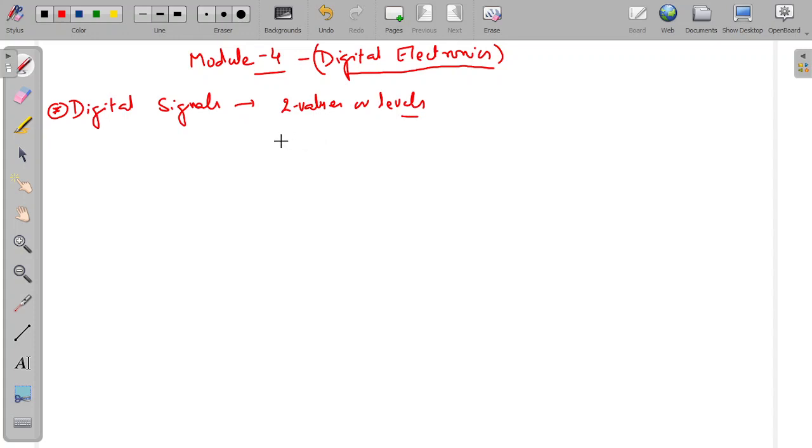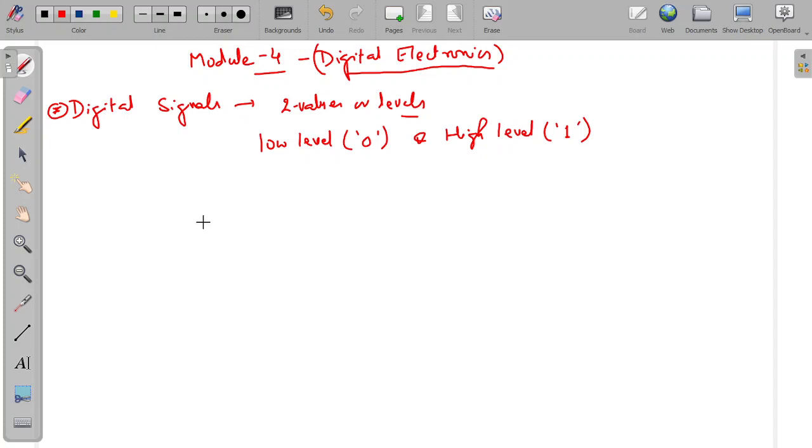For example, we can have low level generally denoted by 0 and high level generally denoted by 1.